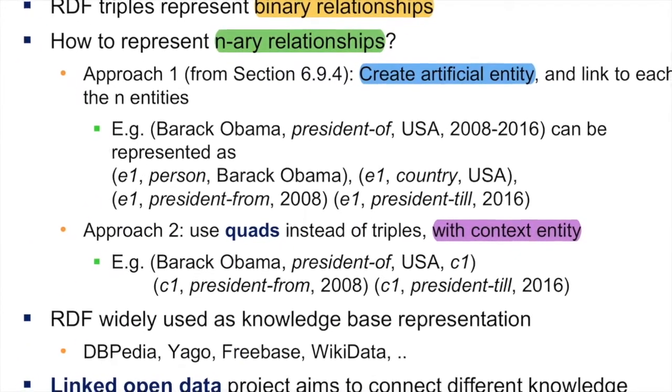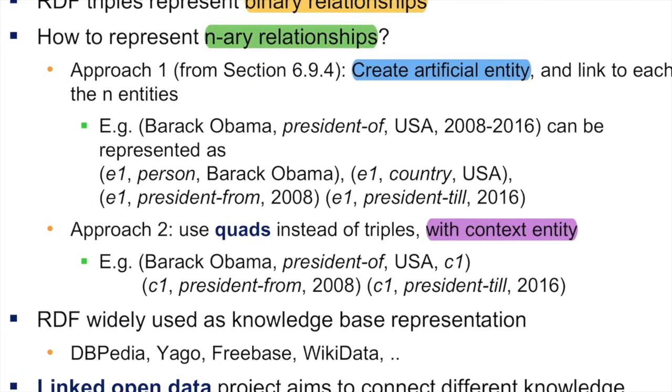Okay? So, ang goal natin kasi ma-represent yung quad na Barack Obama, President of USA 2008 to 2006. Just to specify the fact na si Barack Obama is the President of USA from 2008 to 2006.